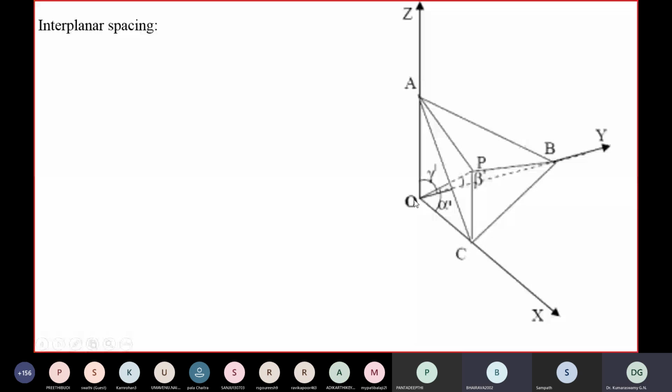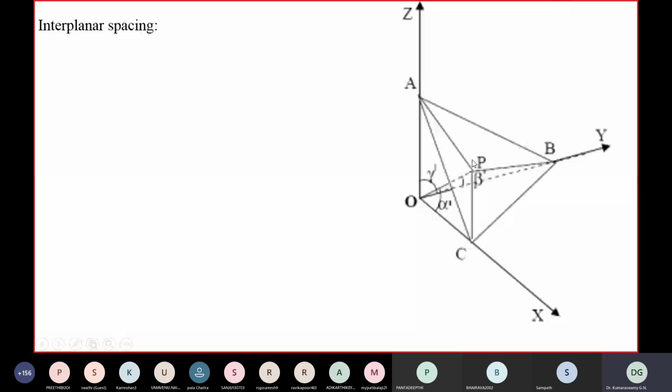Draw a line OP onto the plane, perpendicular. Yes, sir. Okay.